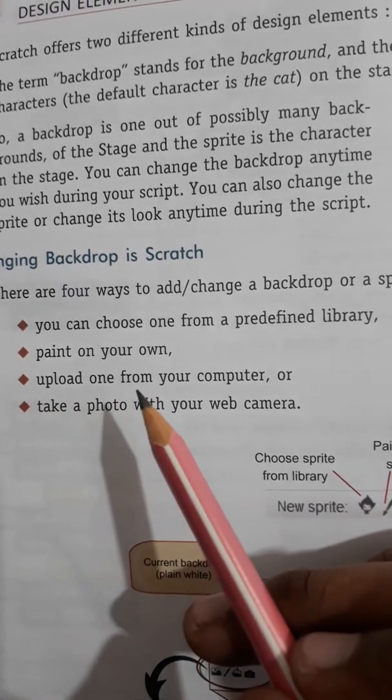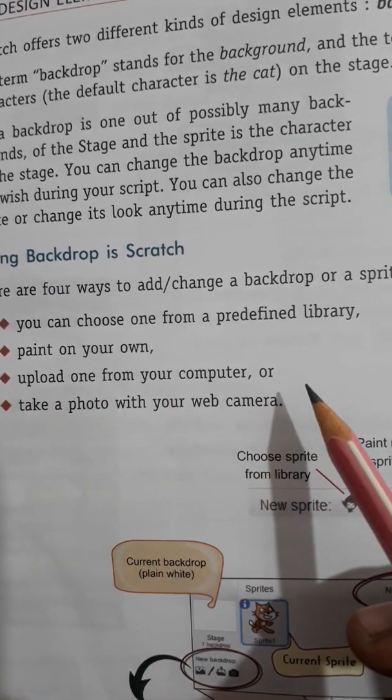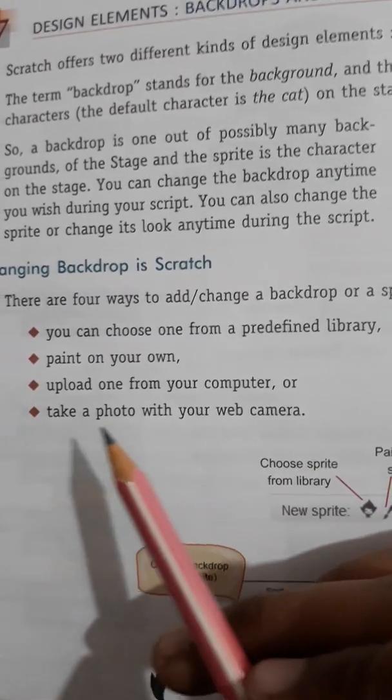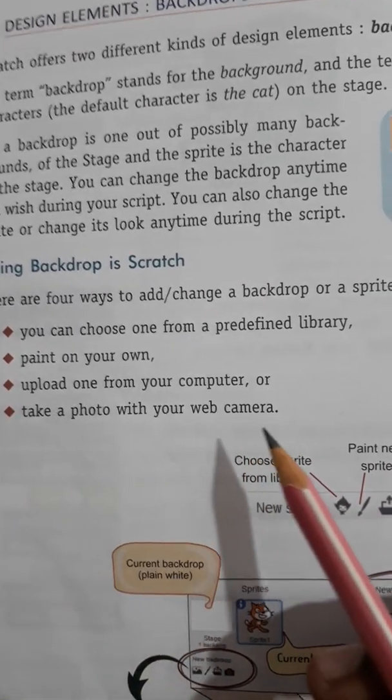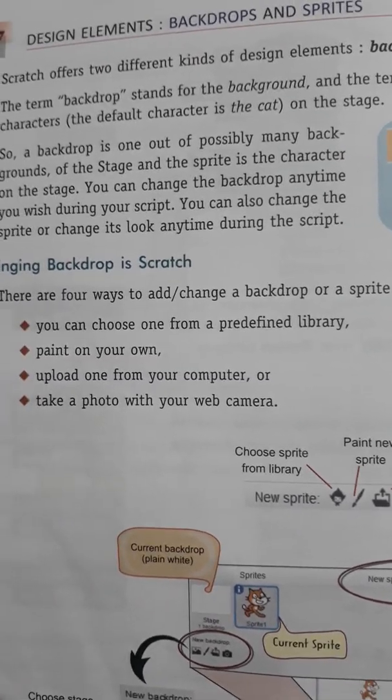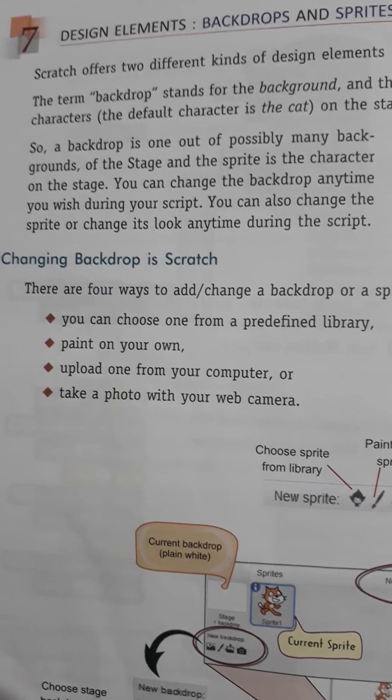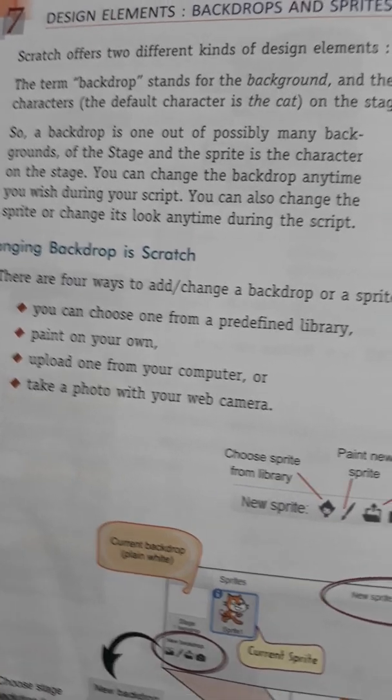Third, upload one from your computer or any other media. Fourth, take a photo with your web camera. So these are the 4 ways to change the backdrop or stage on the Scratch. So let's see each one.